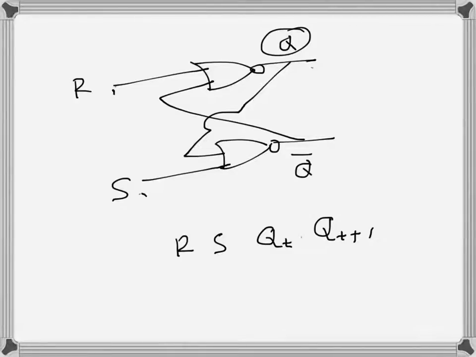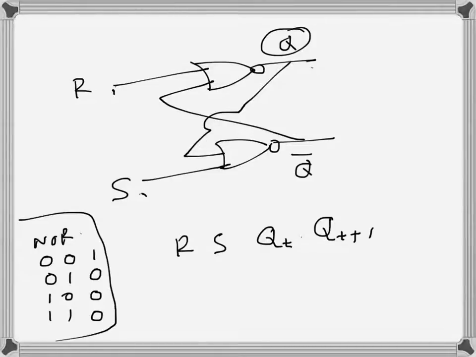And then this is a NOR gate, so the NOR gate truth table I will draw here: 00, 01, 10, 11. So it's just the opposite of OR. That's the NOR gate which we will need.